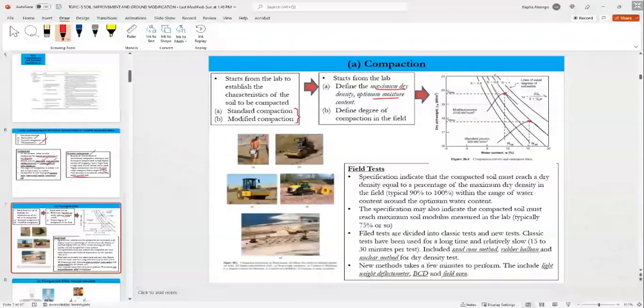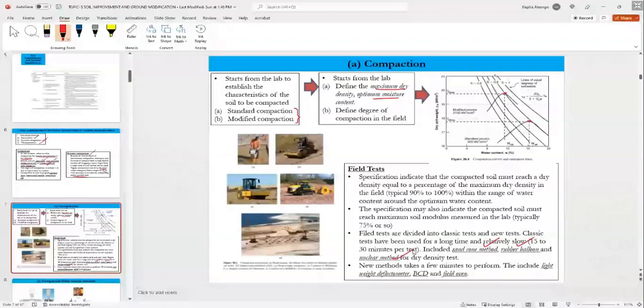So how to do this? We do quality control in the field, to determine if the target density and moisture content have been achieved. There are field methods: sand cone method, rubber balloon method, nuclear density method.